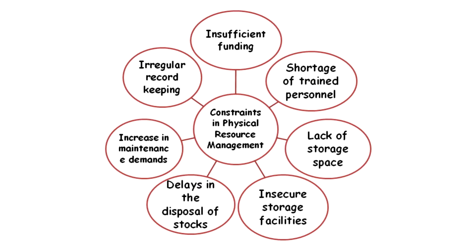So the funding is insufficient, or otherwise it may take time to get the fund from the authorities. So within a particular period, it is not possible to ensure the availability of a particular type of resources. So insufficient funding is a major constraint in physical resource management.